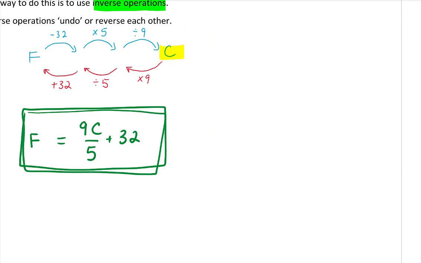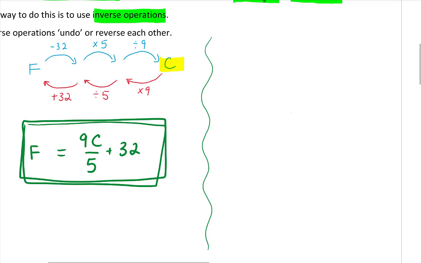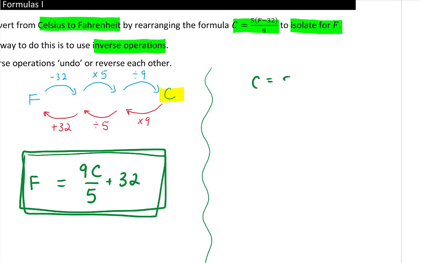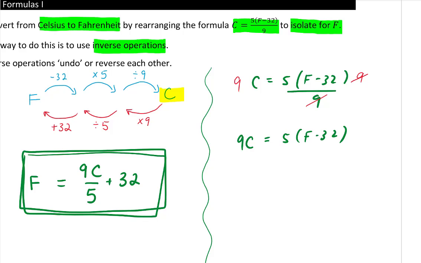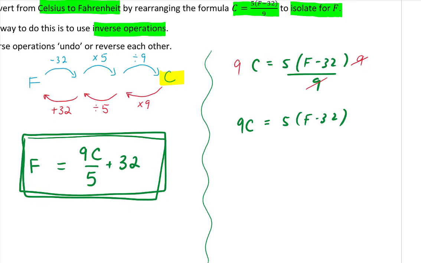Another method, which you may be more familiar with, is to take our original equation and isolate for F. So the first thing I see is I'm going to times both sides by 9. So the 9's cancel. And I get 9C is equal to 5 F minus 32. Then the next step, I need to divide both sides by the 5.